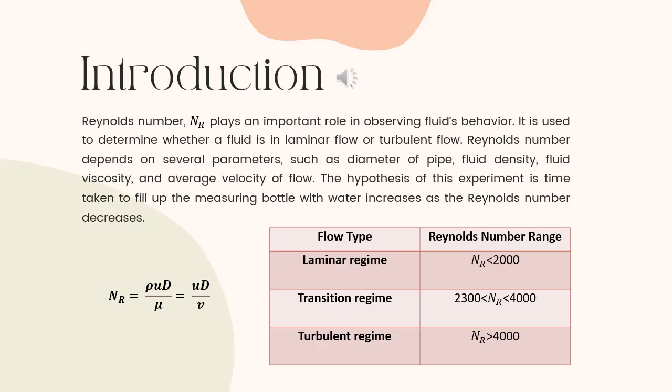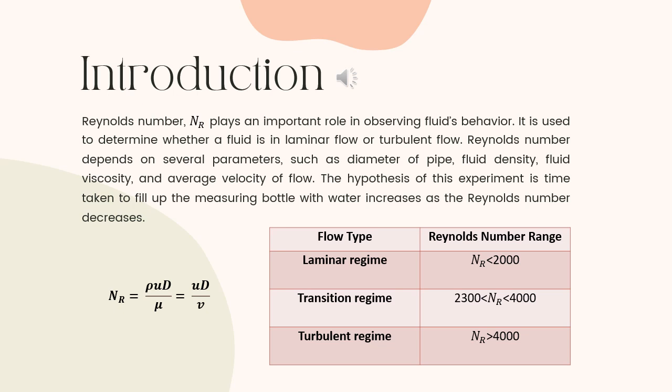Reynolds number plays an important role in observing fluid's behavior. It is used to determine whether a fluid is in laminar flow or turbulent flow. Reynolds number depends on several parameters such as diameter of pipe, fluid density, fluid viscosity, and average velocity of flow. The hypothesis of this experiment is that the time taken to fill up the measuring bottle with water increases as the Reynolds number decreases.